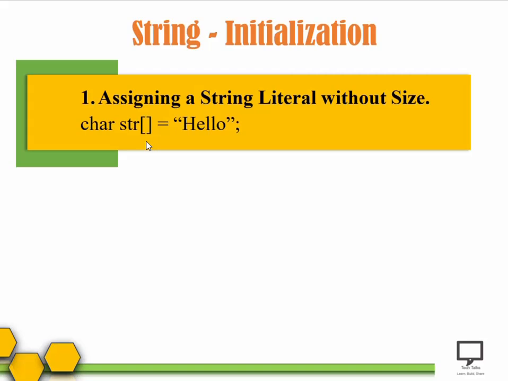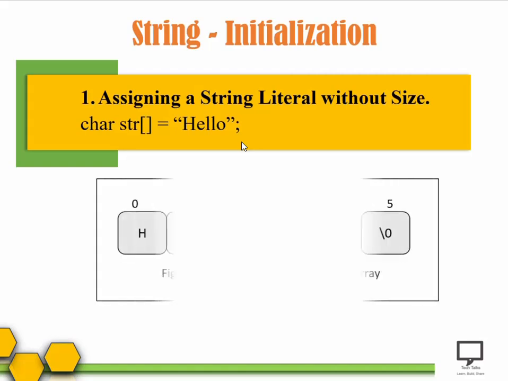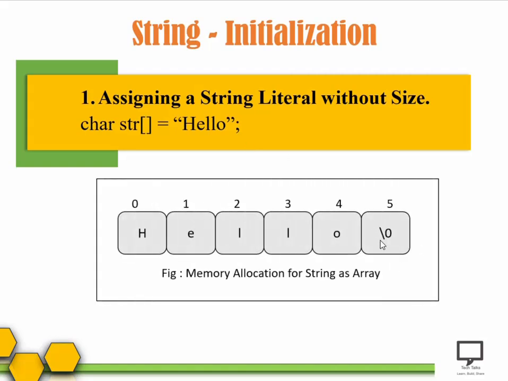What will the size be in this case? How many characters are there? In the sequence of characters, H is 1, E 2, L 3, L 4 and O is 5. So 5 characters we want to store, but we know that a string always ends with the null character, as we have seen previously, hence one more space is required to store the null character.